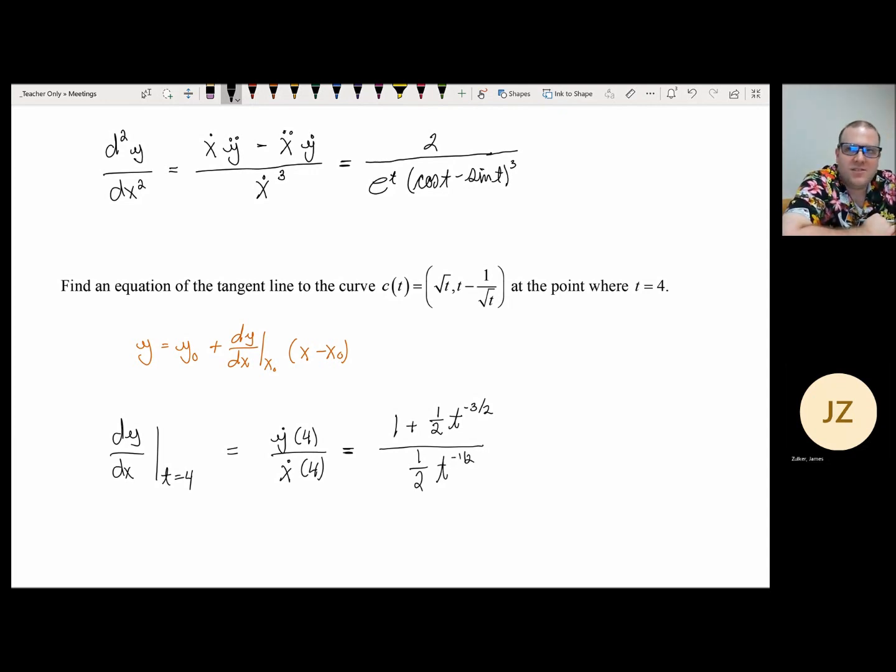Positive. This simplifies. Two root t plus 1 over t.